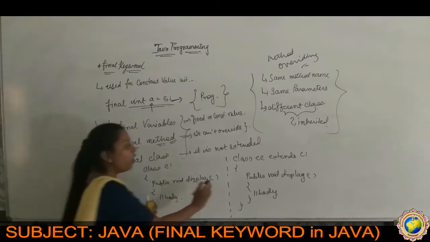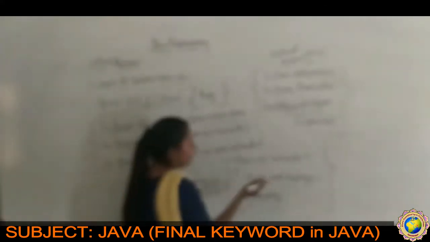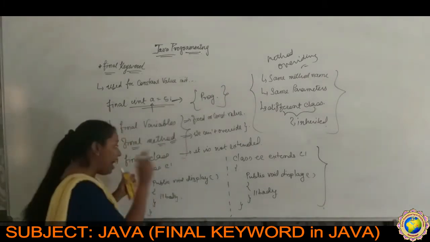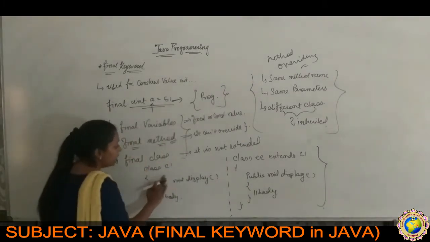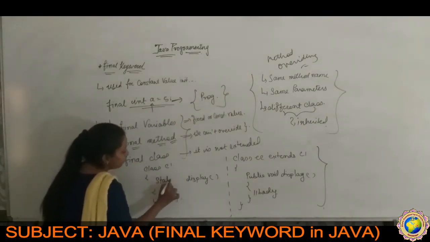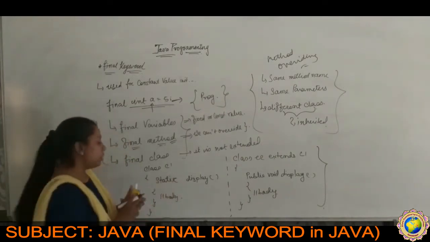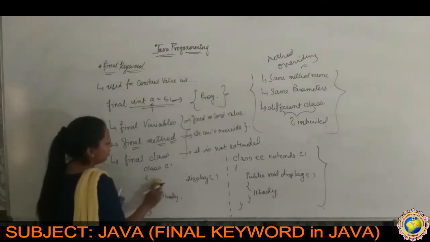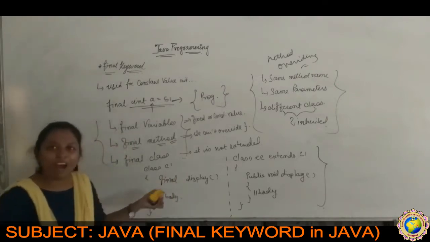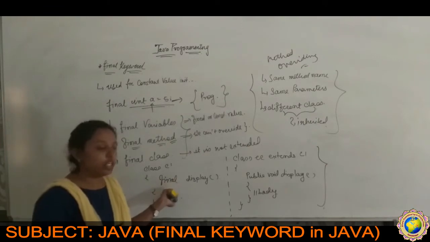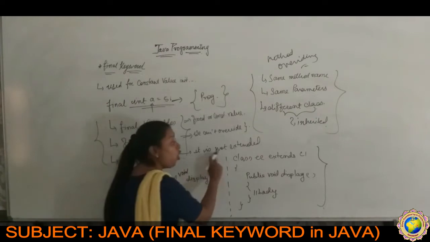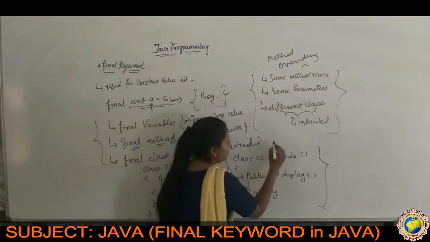If you run this program, you will get the output. But whenever I initialize a final method, once I have written final void display, it will give an error.